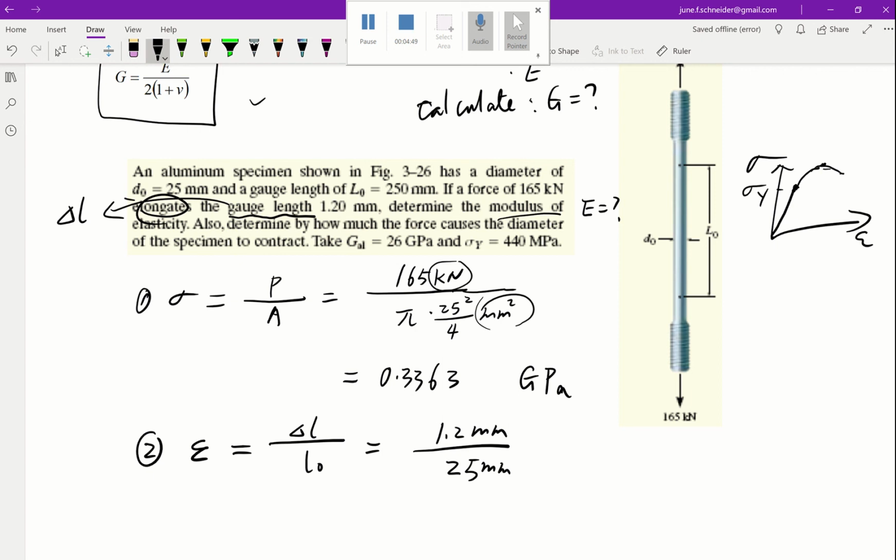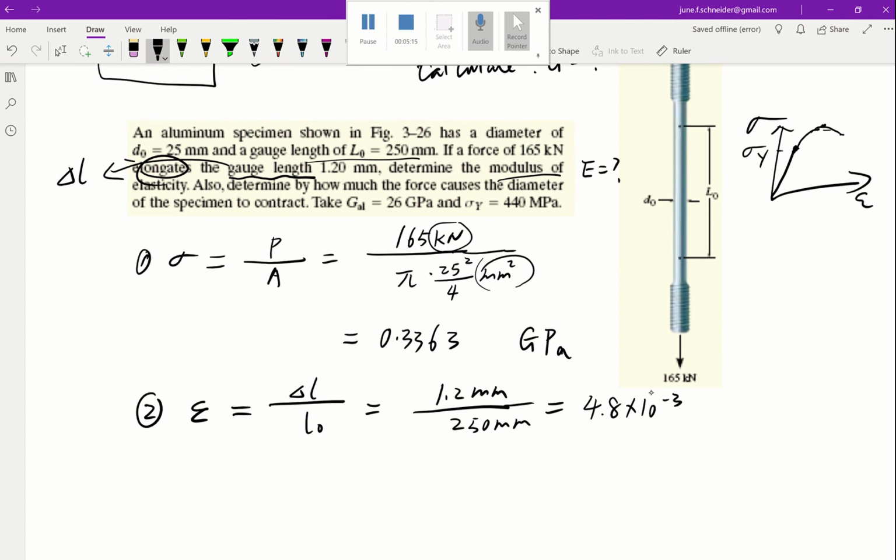Oh, I'm sorry, that's the diameter. The gauge length L0 is 250 millimeter. Put into our calculator 1.2 divided by 250, and we have an answer of 4.8 times 10 to the negative 3. So that's our normal strain. And remember, strain has no unit.